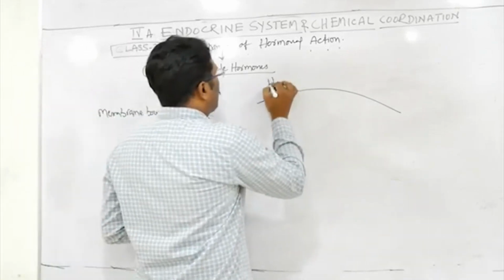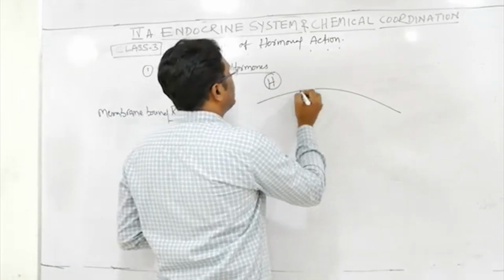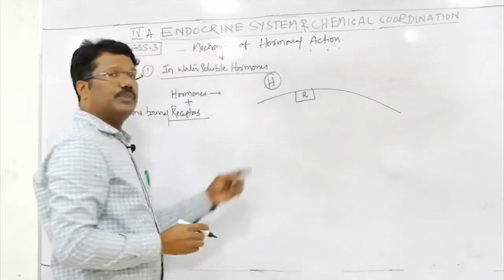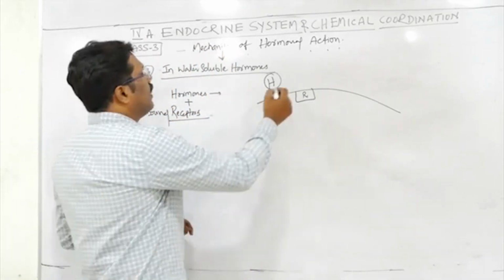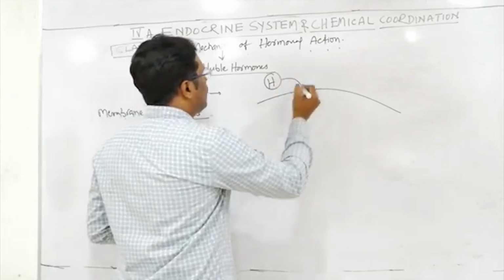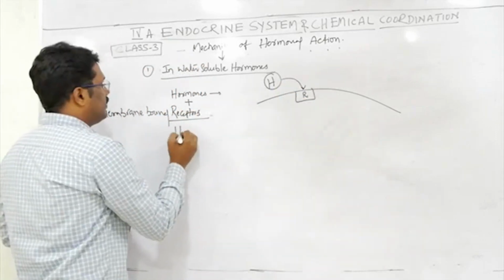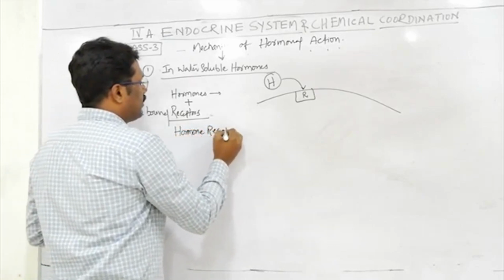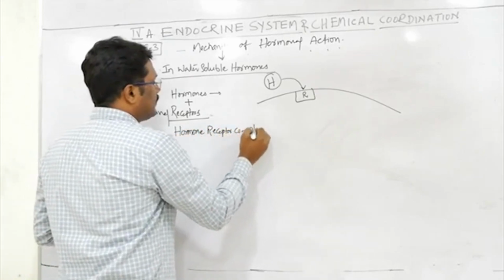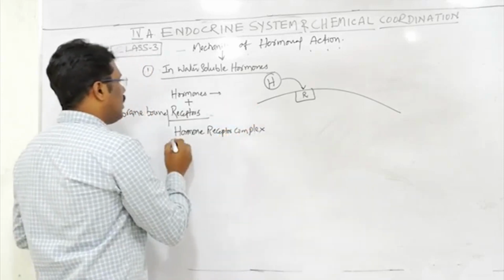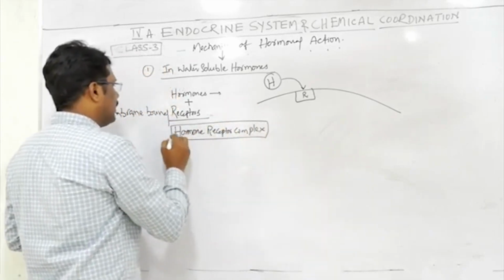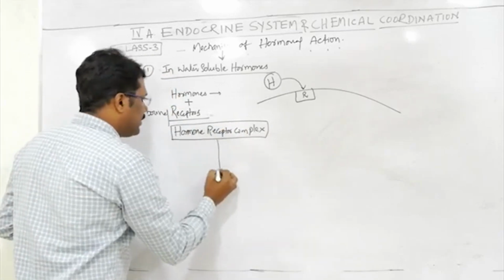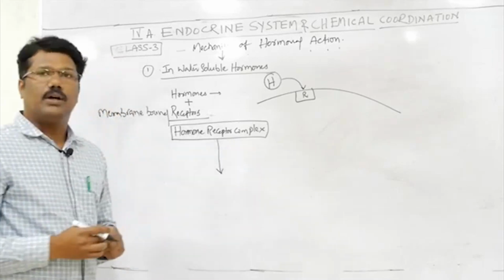So, for example, hormone is released here and it reaches the cell, and the hormone attaches with the membrane bound receptor and it forms the hormone receptor complex.